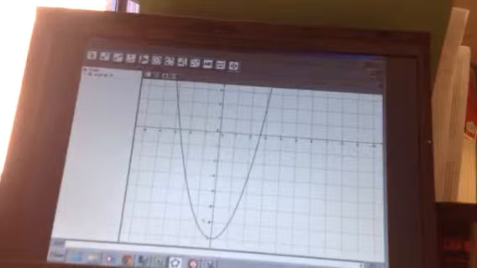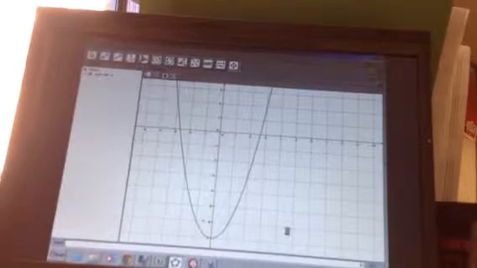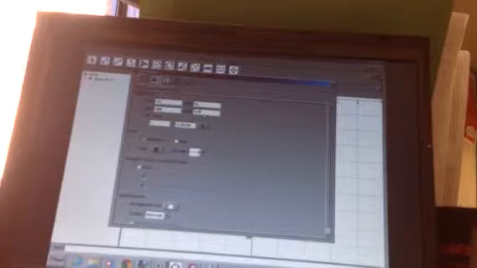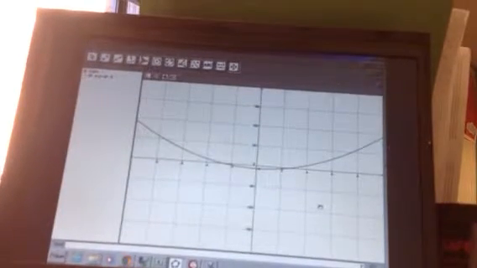If I go to graphics, they did -10 to 10 on the X and -200 to 200 on the Y. Okay, so without changing my equation, what happened to the appearance of my graph?